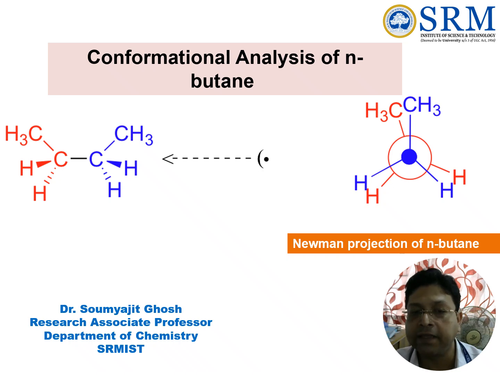Without breaking this bond, these substituents can rotate. As a result of free rotation of the C2-C3 bond, there can be different spatial arrangements of methyl with respect to the hydrogen. If we fix C2 and do the free rotation of this single bond, this methyl, hydrogen, hydrogen will change their position.